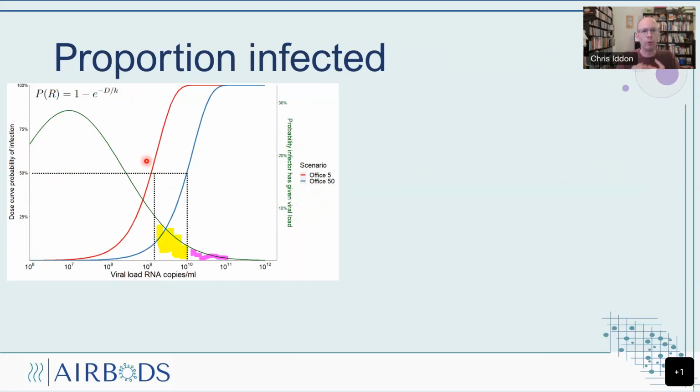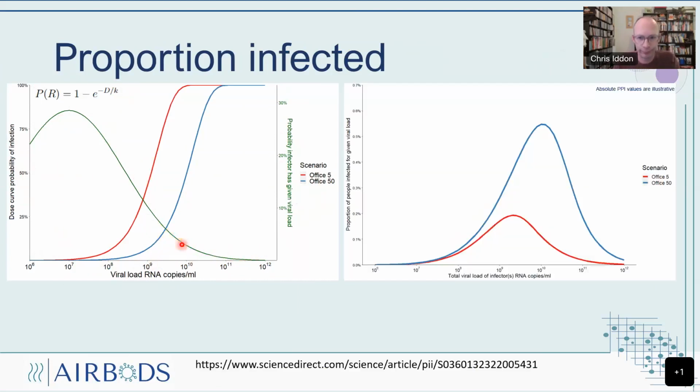You need to put more virus into the 50-person office than you do in the 5-person office. So you can see here that there's a greater proportion of infectors able to infect in the 5-person office compared to the number of infectors that are able to cause 50% infection or more in the 50-person office.